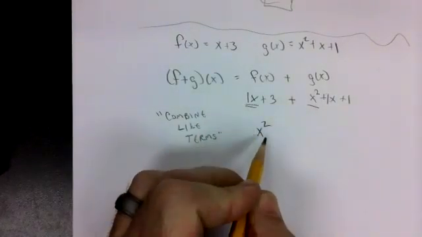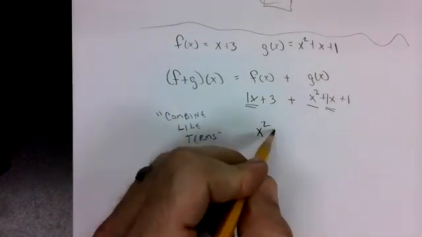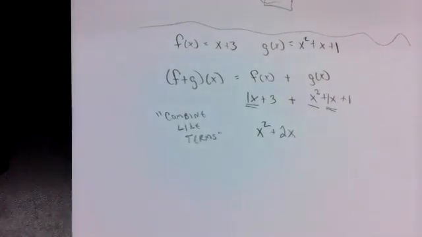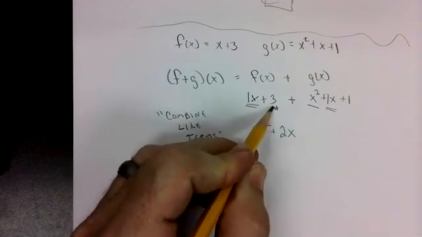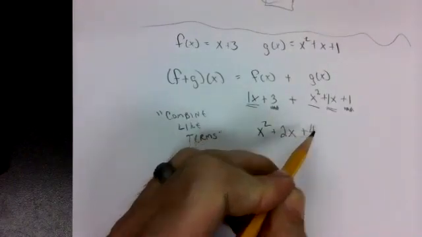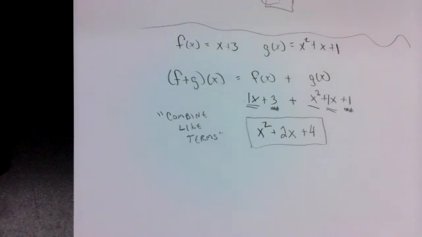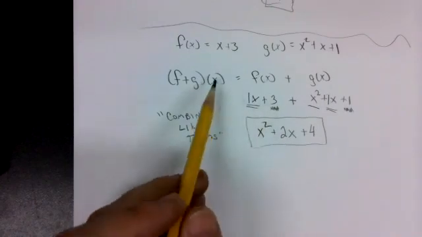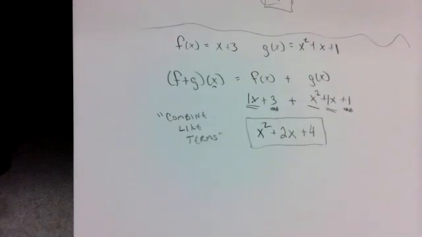So if we combine this 1x with this 1x, we have 2x. We can combine this 3 with this 1. So 3 plus 1 is 4. So this is the f plus g of x. So again, the more generic they get, the uglier the answer gets.